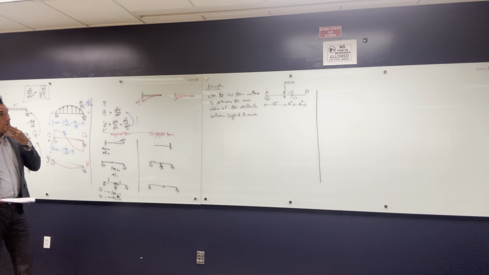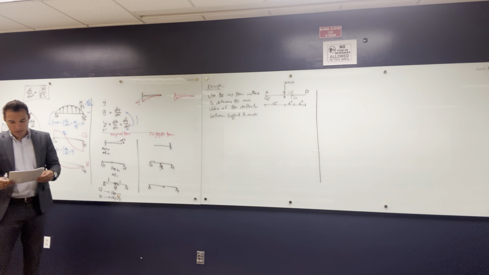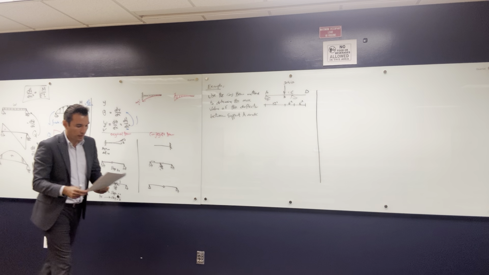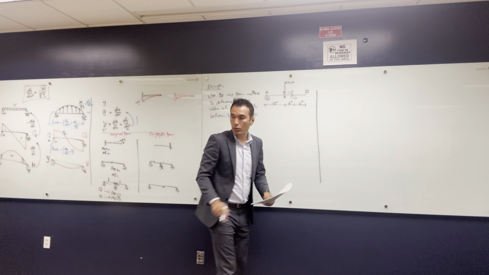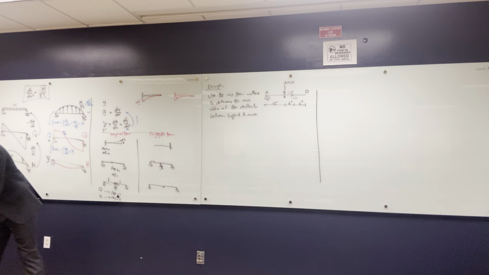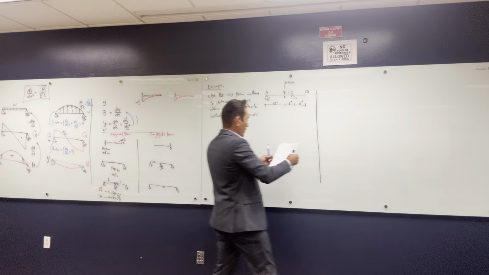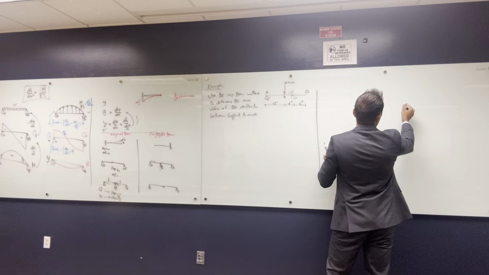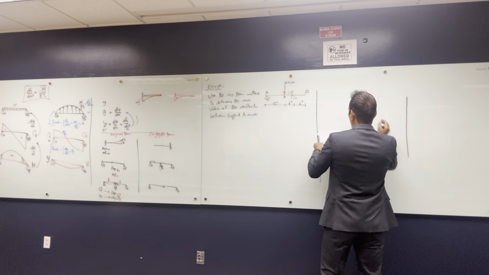All right, so let's see how we can do this. Maybe we can try some stuff together. Let me put some examples to make sure that you guys understand it. Okay, so let's say I'm gonna draw the original beam here.